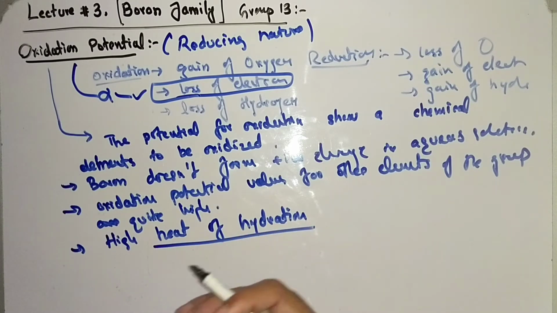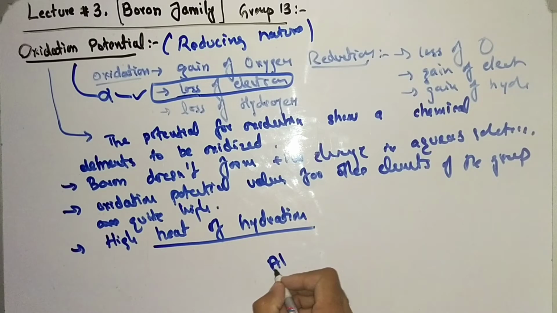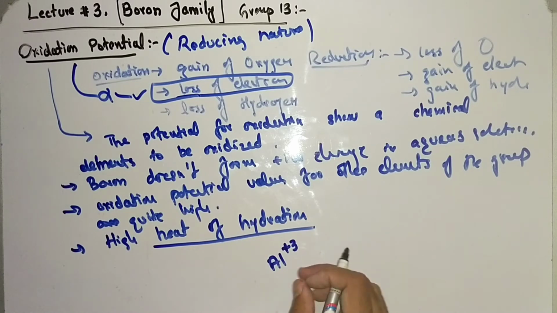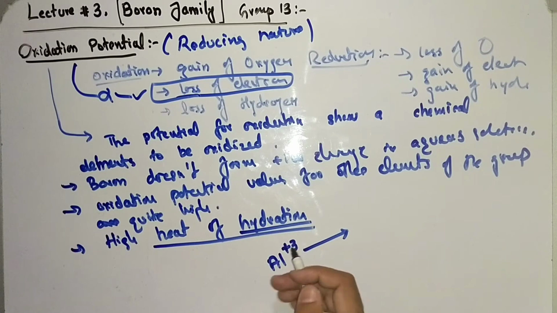Heat of hydration: when there is a compound with positive charge, let's suppose this is aluminium, Al plus 3. Aluminium plus 3 will be very easily hydrated. Hydration means the addition of water.